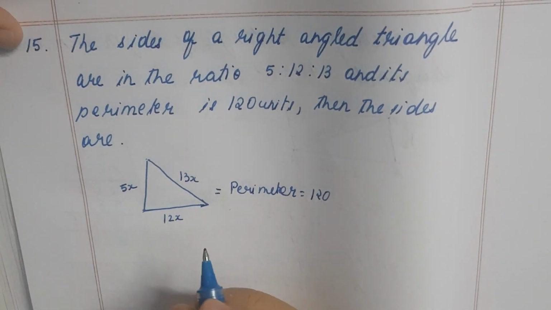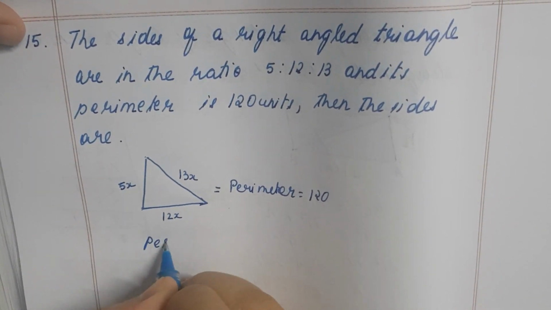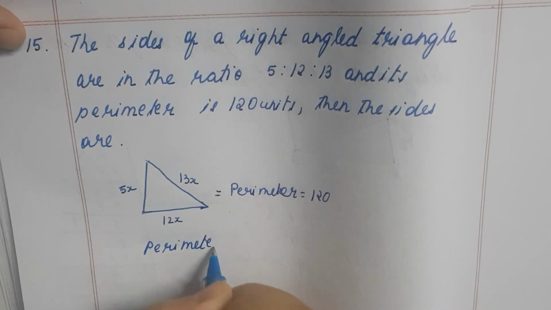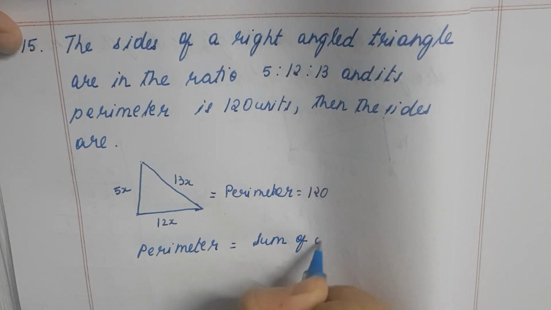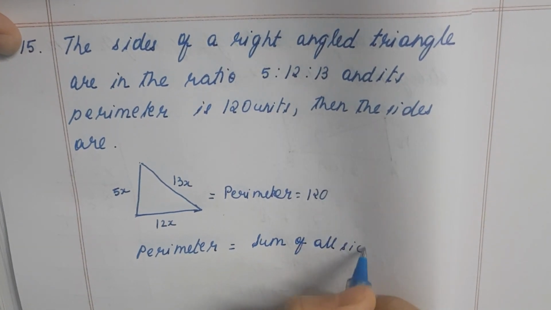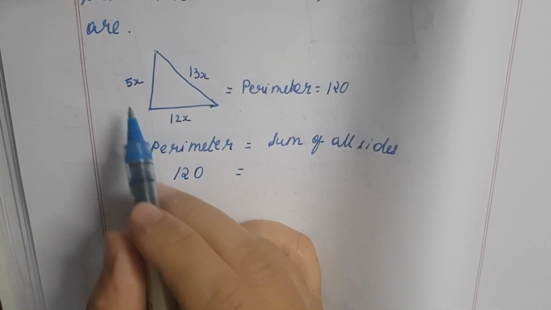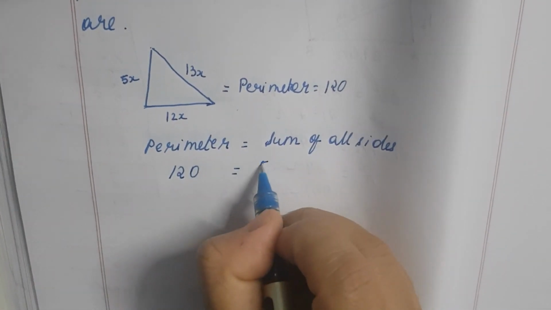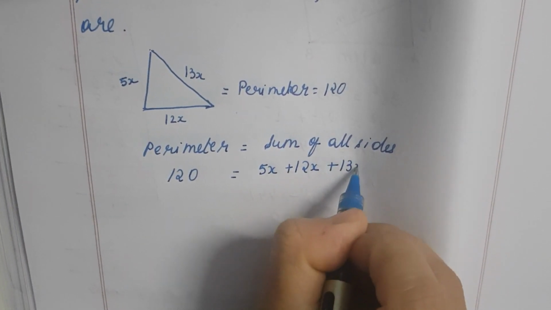So what is the formula for perimeter? Sum of all sides. So perimeter is equal to sum of all sides. We know the perimeter, which is 120. So for the sum of all sides we take 5x plus 12x plus 13x.